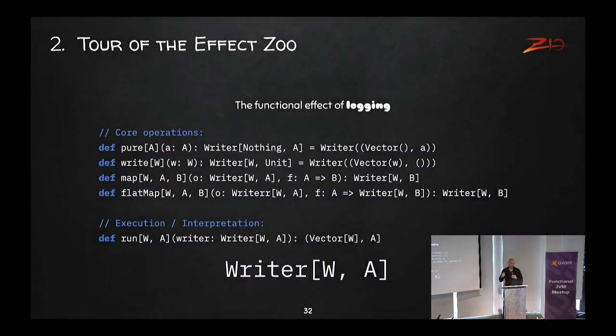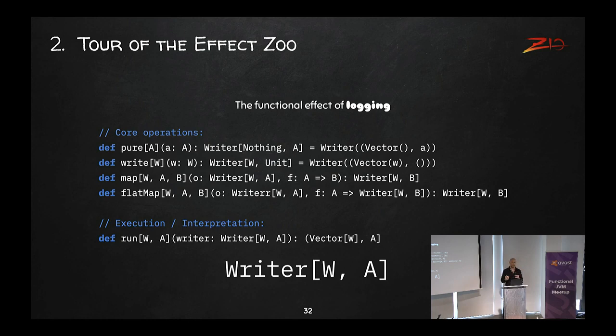The core operations for this one are pure, which allows you to take an A value and lift it up into the Writer effect, write, which allows you to add to that log, and then map and flatMap like we've seen before. And then how you run that is you just pull out the tuple of the vector and then your success value.